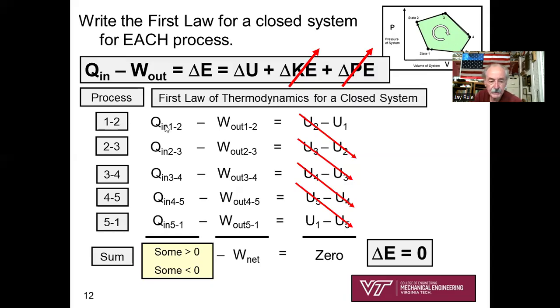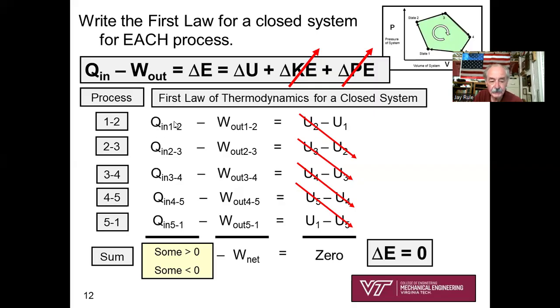Notice here, for process 1 to 2, I'm not just writing down Q net, because I've got lots of Q nets. I've got 5 different ones, and I've got 5 different work outs. So I've got to be clever as an engineer and work through my nomenclature so that everybody will understand what I'm doing, including myself when I go back and look at this again in a few weeks.